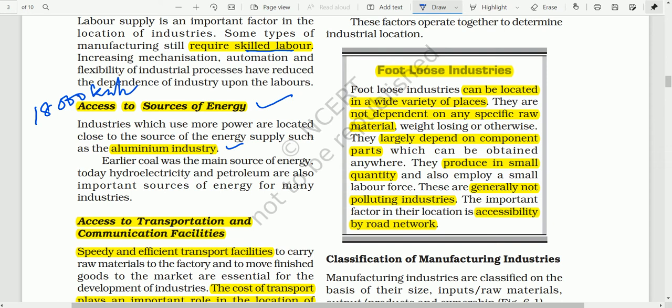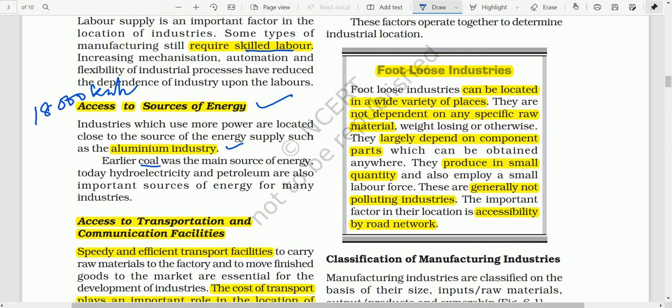Electricity also cannot be transmitted over long distances, because the energy decreases with increasing distance if we don't use transformers. And likewise, in some other industries, coal is used as the main source of energy, maybe thermal power plants or other metallurgical industries.